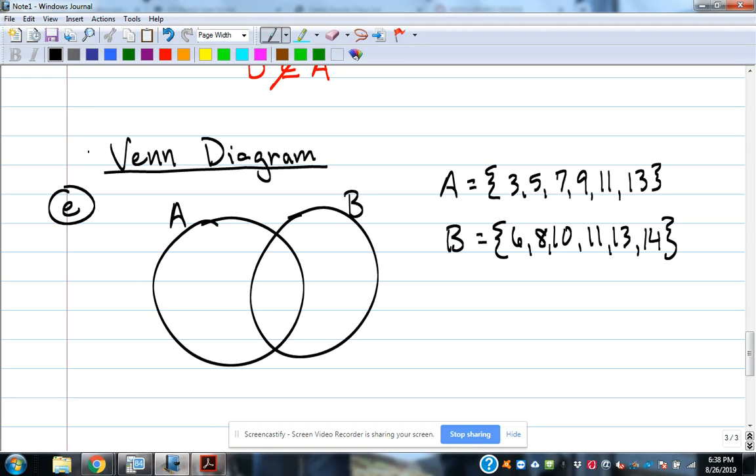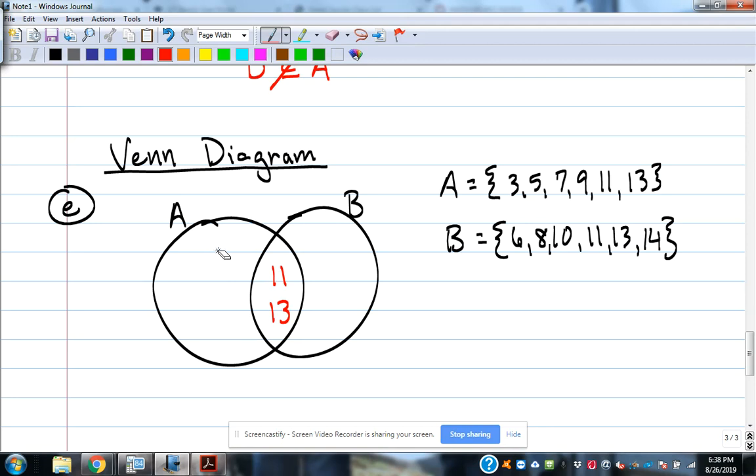The way Venn diagrams work, the little football shape in the middle, what goes in there? Numbers that are in both. So when we look at our sets, what numbers are in both set A and set B? 11 and 13. Over here in this 3/4 moon should be the elements that are in A that are not in B.